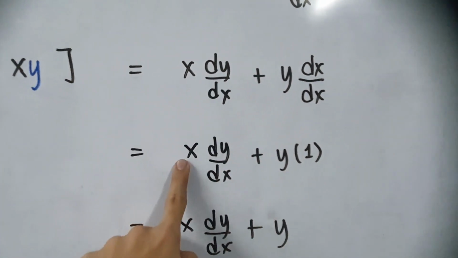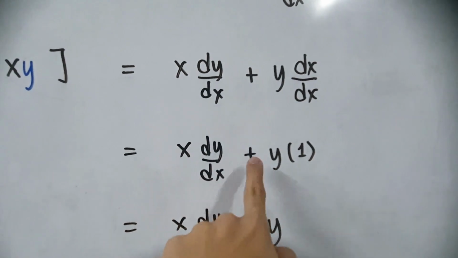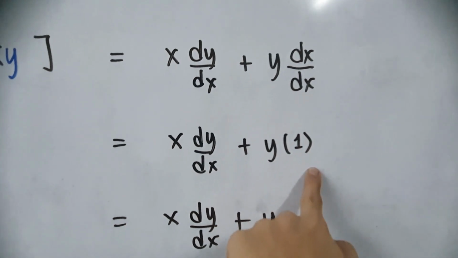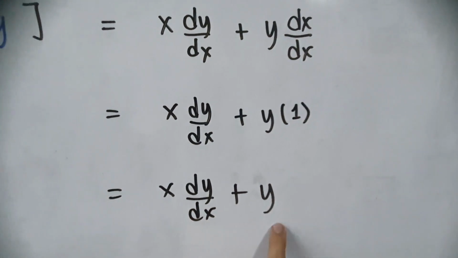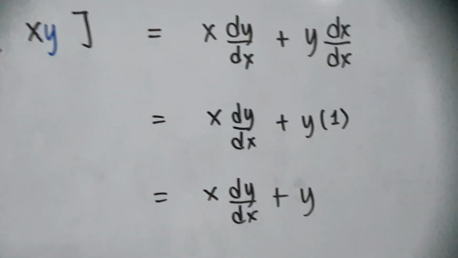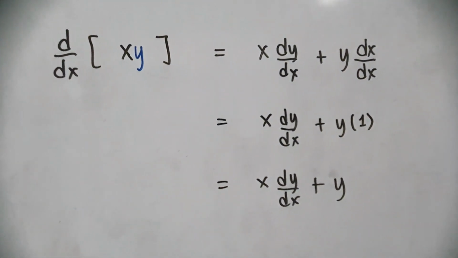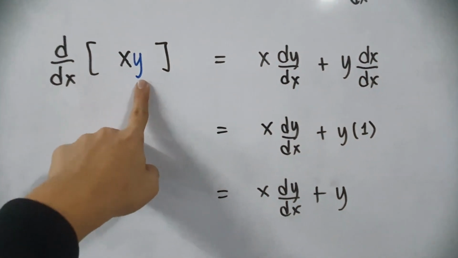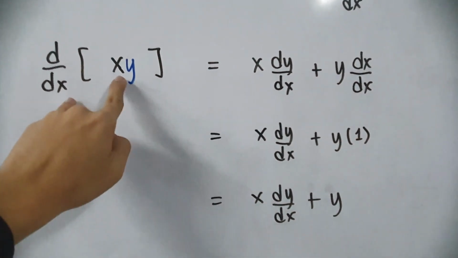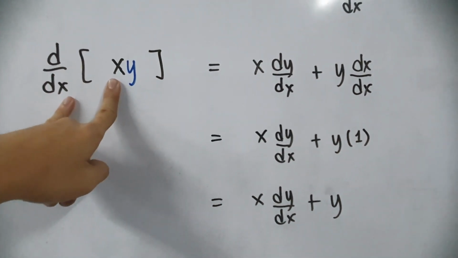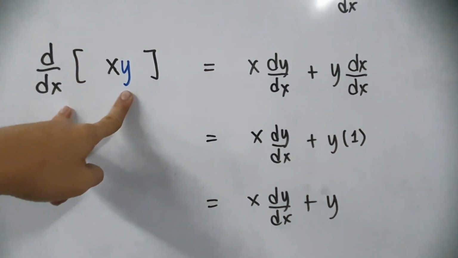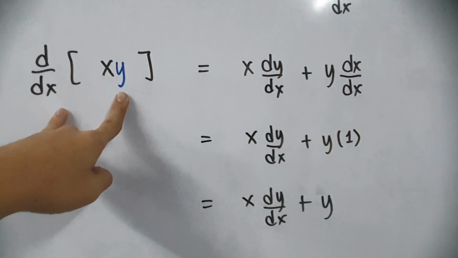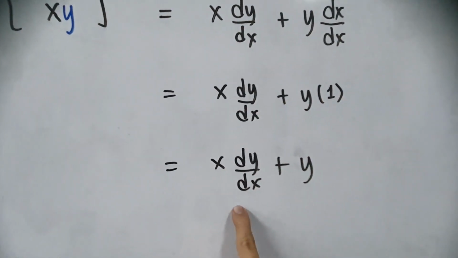So we now have x dy over dx plus y times 1, or x dy over dx plus y. Again, that is a product rule. Obviously, x is agreeing, that is just equivalent to 1, and y is disagreeing, that is why it is equivalent to dy over dx, right here.